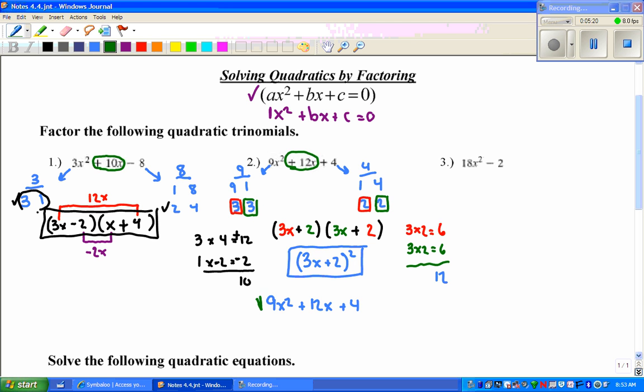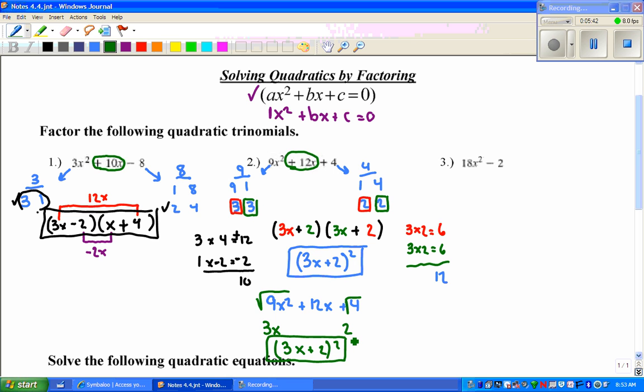So you could take the square root of this, which gives you 3x, and the square root of this, which gives you 2. You take these two terms, and you're going to have 3x plus 2 squared. This is known as the perfect square trinomial. So that's a shortcut for that one.